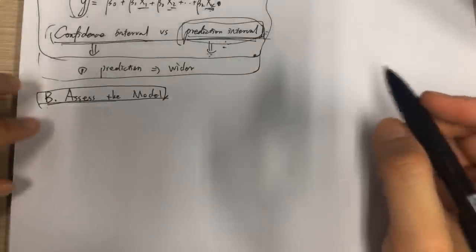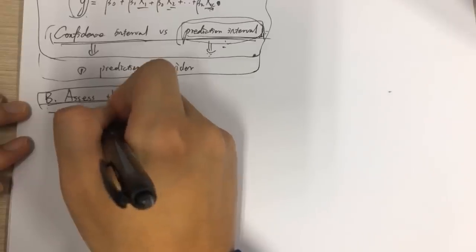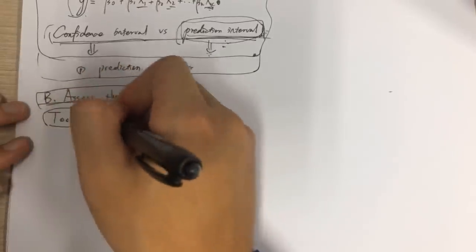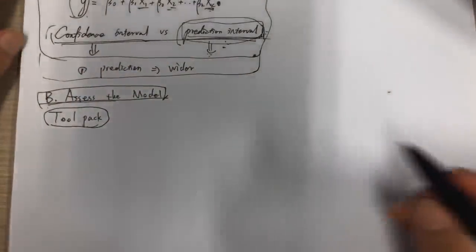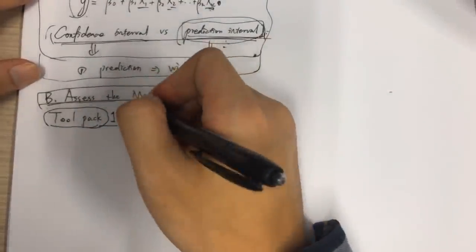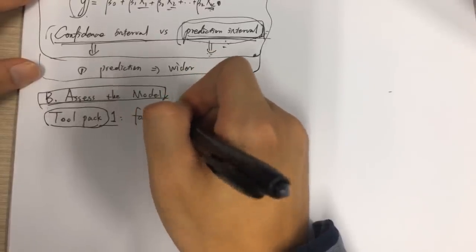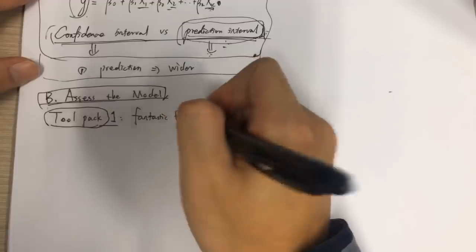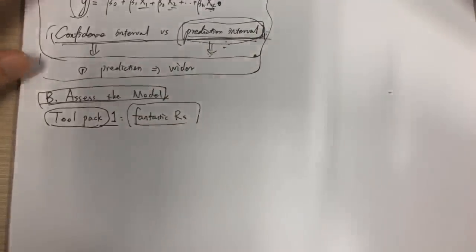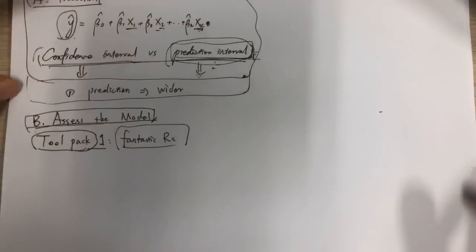Okay, so to assess the model, the first toolpack that we get to know is toolpack number 1. I tend to call it fantastic R's. Why do I call it fantastic R's? Well, I'll show you later on, right?